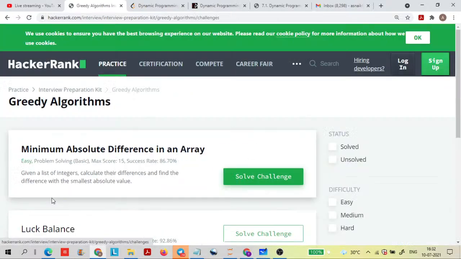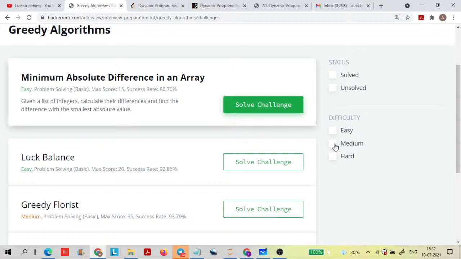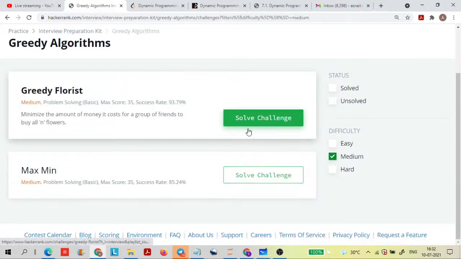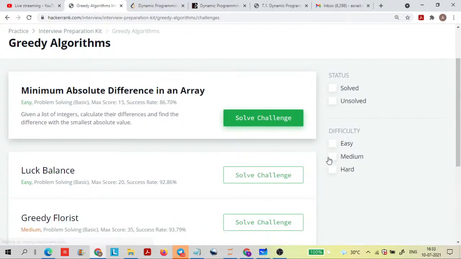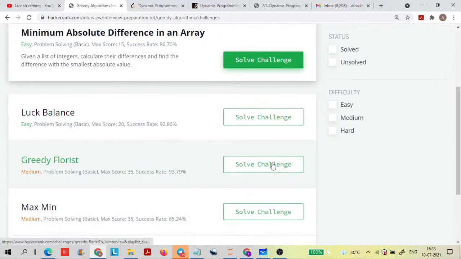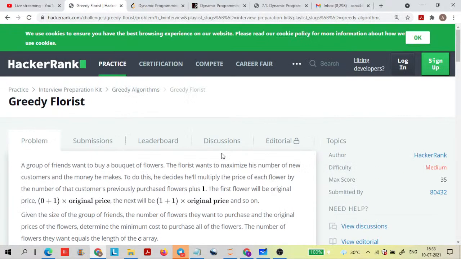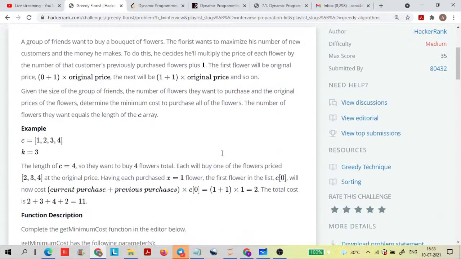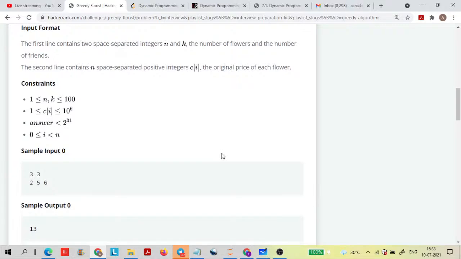For example, in the greedy algorithm section you can get easy and medium level questions. In Infosys the difficulty level will be medium for the greedy type, for example this one, Greedy Florist. You can log in and check the details here. Such coding problem statements, with sample input, sample output and explanation, you will get in the Infosys examination.